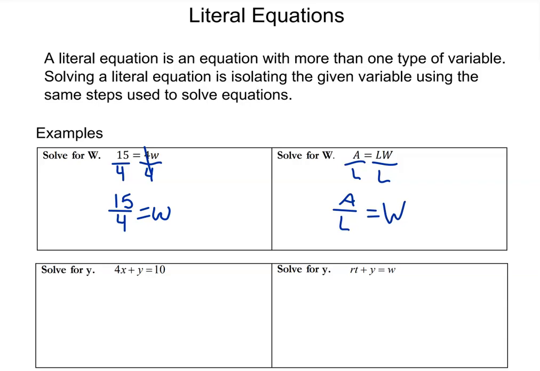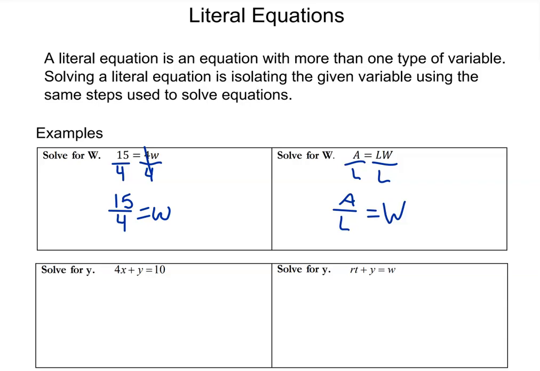So the next one says solve for y. We have 4x plus y equals 10. This one we're going to have to get rid of the 4x that is on the same side as y. This is kind of similar to what we've done in the past. The first thing we have to do is figure out what operation that is. 4x is adding to y, so the opposite operation is not to multiply or divide this time.